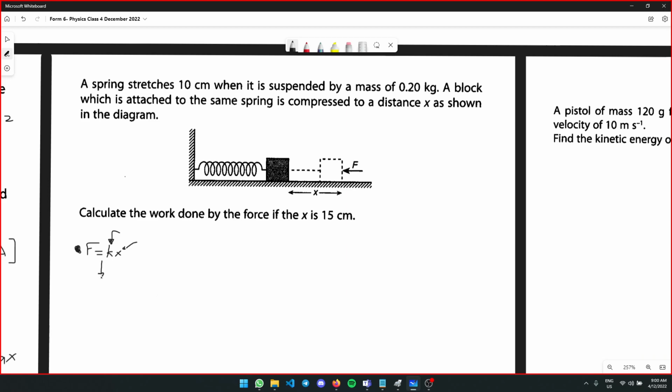Then this will become mg, mg equals to Kx. Why mg? The block has a force, as a weight. You have to remember that because they give you a mass here. Whenever there's mass, there's a weight. You always remember whenever there's mass, there's a weight.